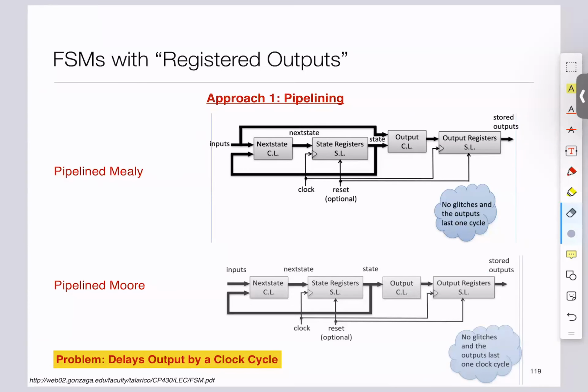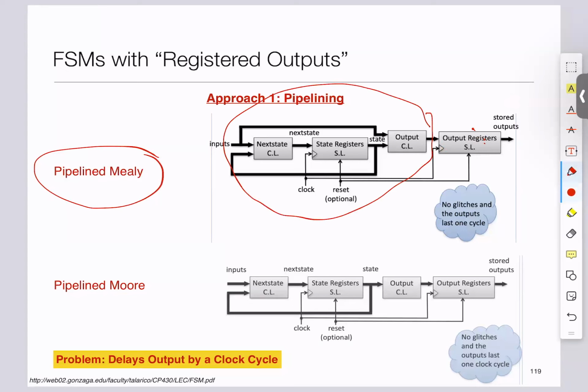One is called pipelined Mealy. Basically what we do is we just slap some registers at the output of a Mealy machine. So we take our Mealy machine, which is this guy, and we just put some registers out there. All the outputs are now coming from a register. What happens now? My outputs are all delayed by one clock tick, right?